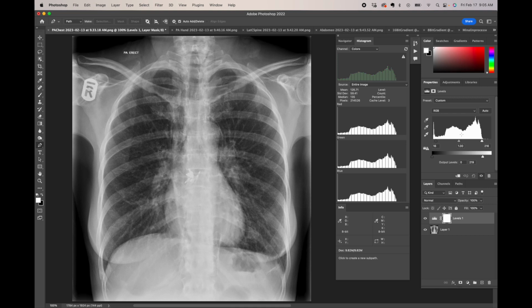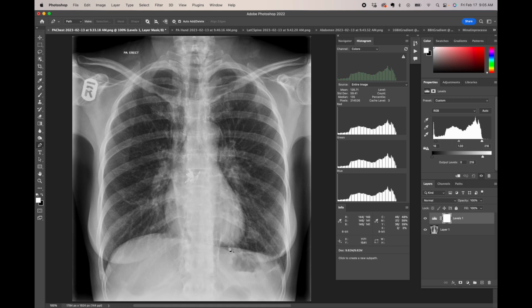I believe the actual term in radiography is window level, as we learned, but that represents the spectrum of tonality in shades from black to white. So basically this is all your data as it exists in the image.